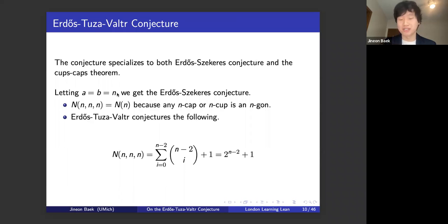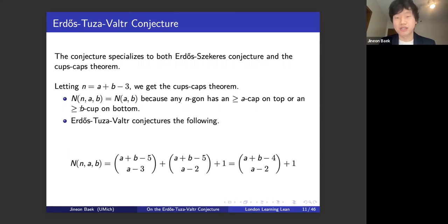So forcing an n-gon subsumes forcing an n-cap or n-cup. And then the value conjectured by Erdős-Tuza-Valtr matches the value conjectured by Erdős-Szekeres. It's basically the sum of all the binomials in the whole row of Pascal's triangle, so it's a power of 2.